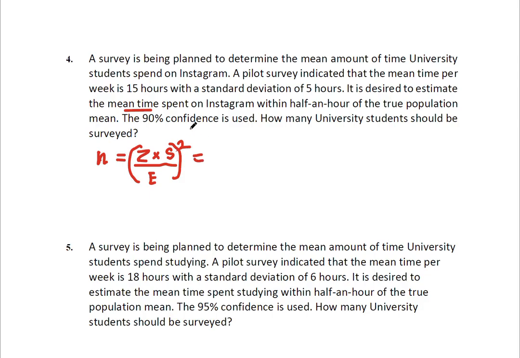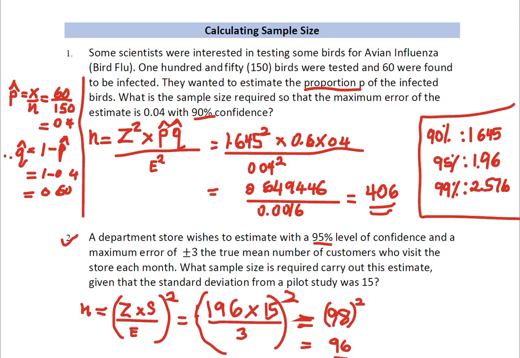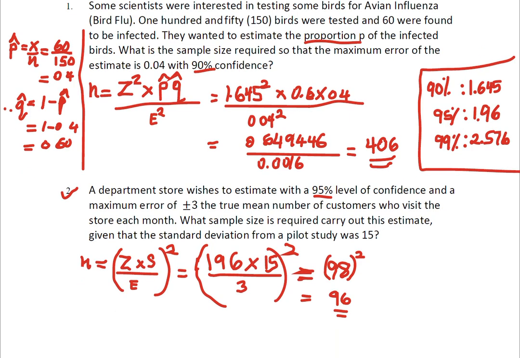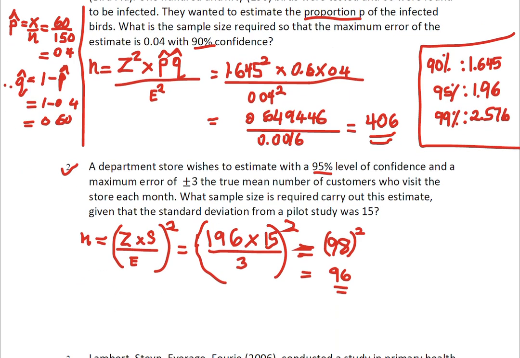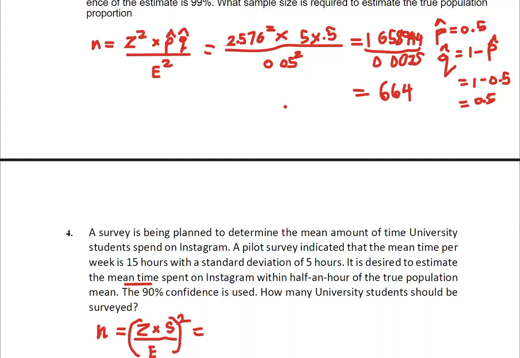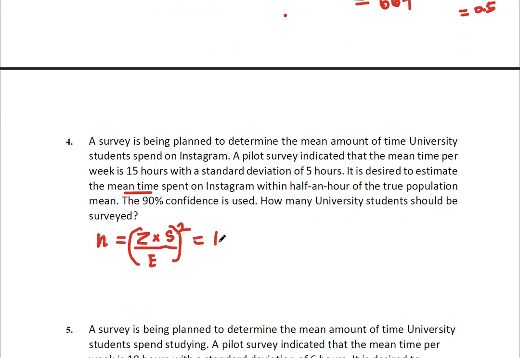Now, since we're using a confidence level of 90%, we know that corresponds to a Z table reading of 1.645. So it will be 1.645, which we are going to multiply by the standard deviation, given to us as 5 hours.